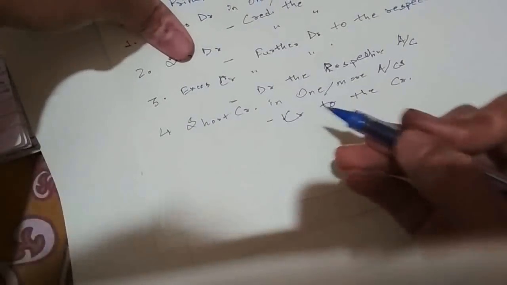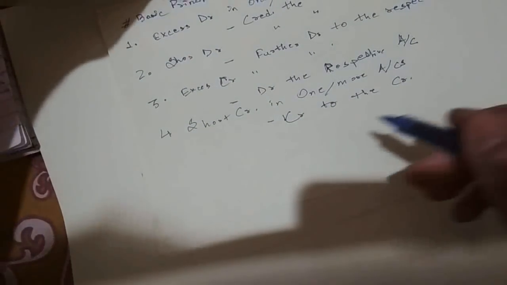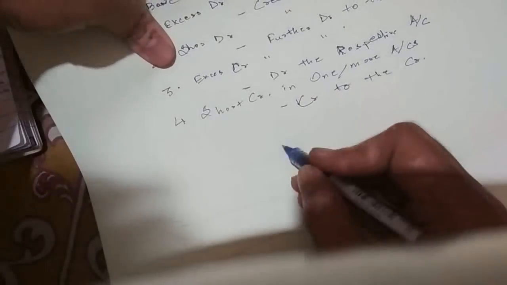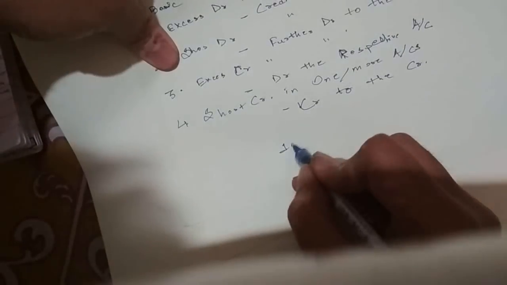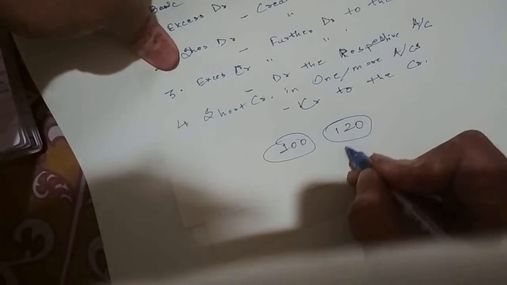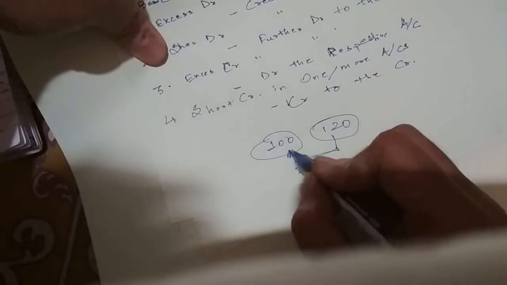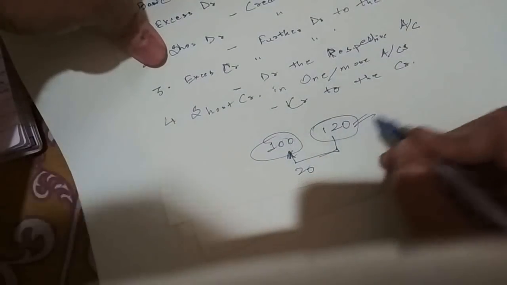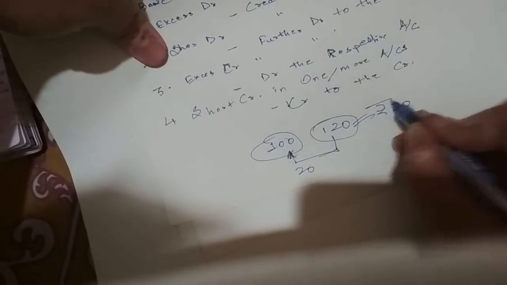Let's say you want to charge someone for the duplication of the ATM card. You need to charge rupees 100, but you charge rupees 120. So what will you do? You will credit this 20 rupees again to his account, because the actual charge is 100, but you charged 120.